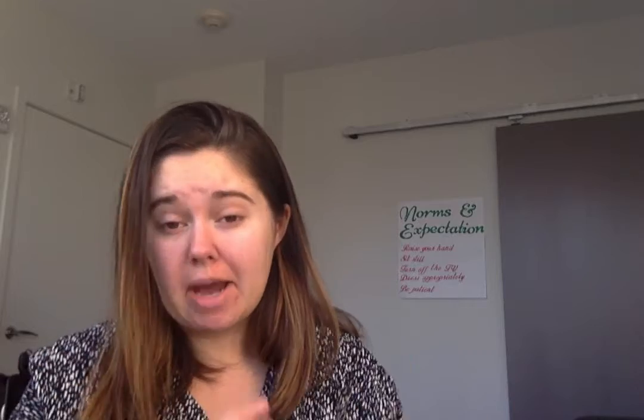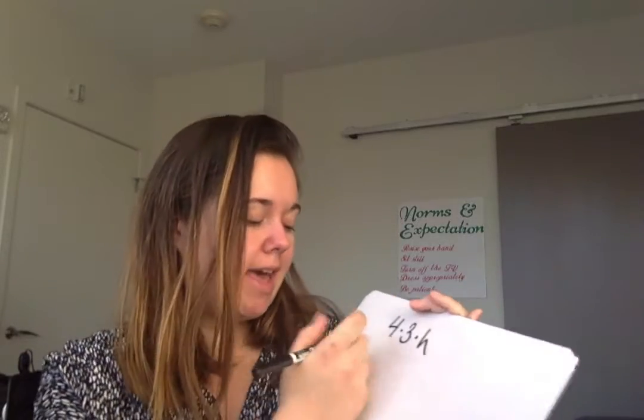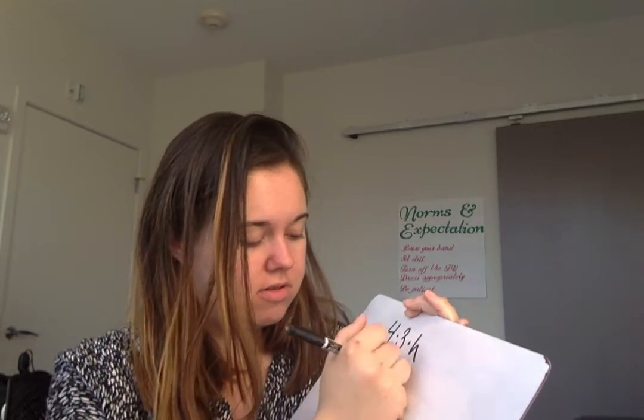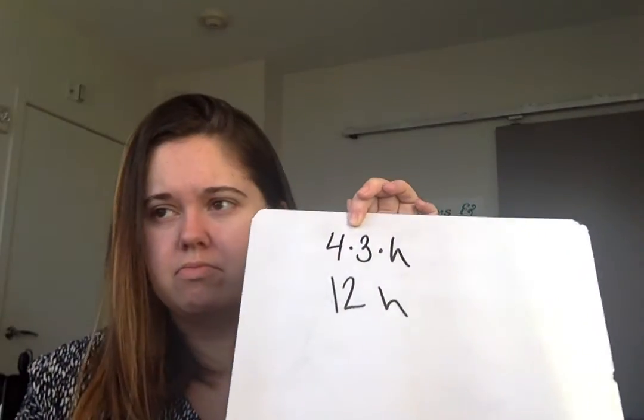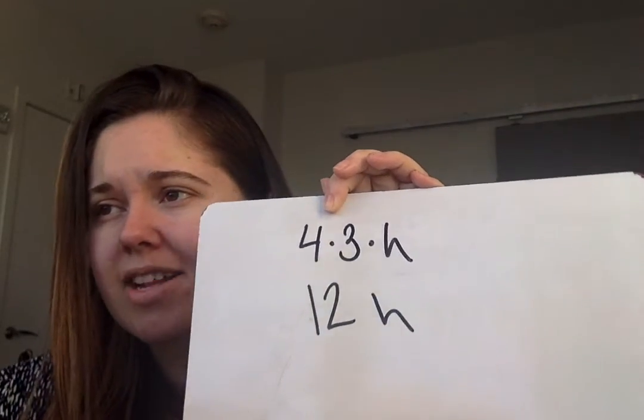I can't multiply by H and get a number, so instead we're going to end up with 12H. Now once again, the 12 is the coefficient and a factor, and the H is the variable and a factor. We can call 12H the product, and we can also call it a term. So you're going to be using pretty much the same words as in A, but different numbers.